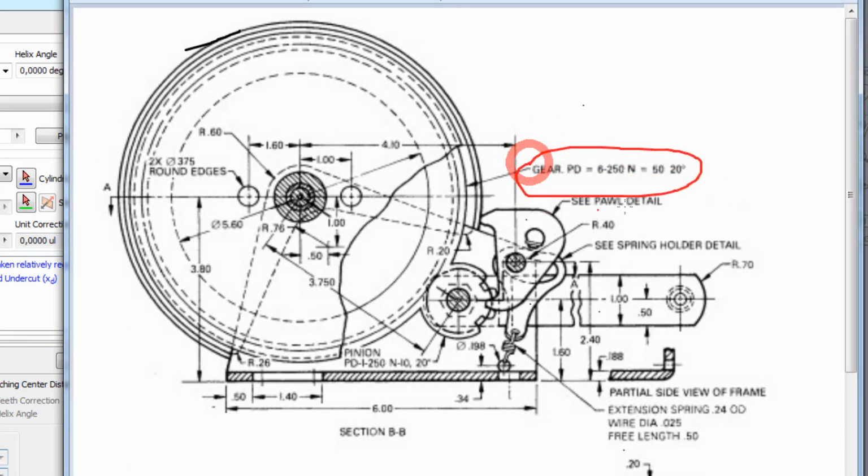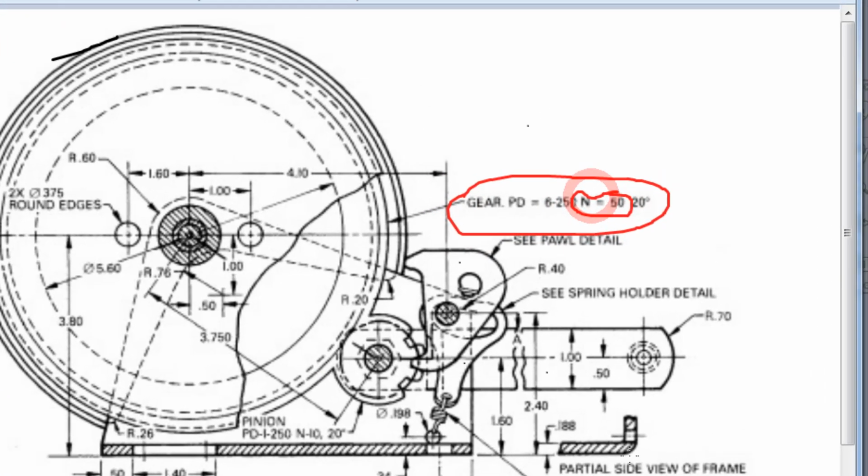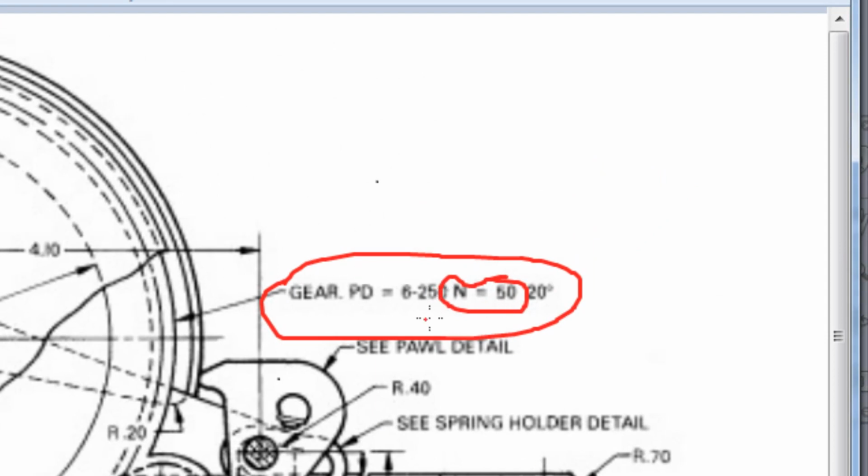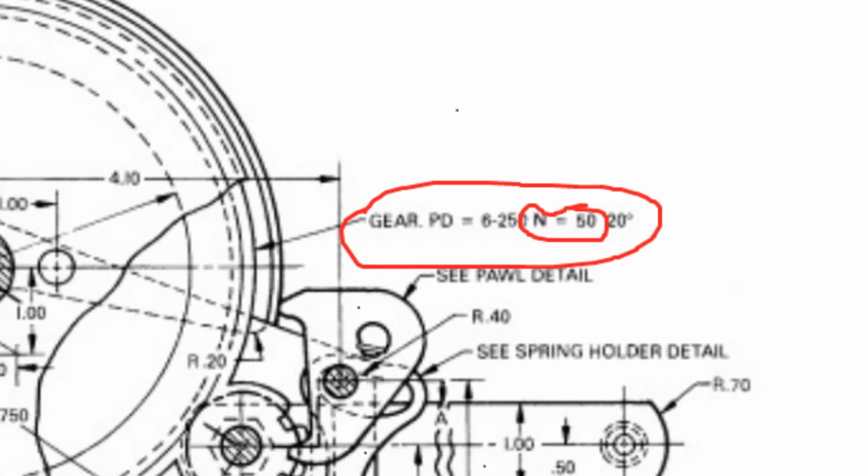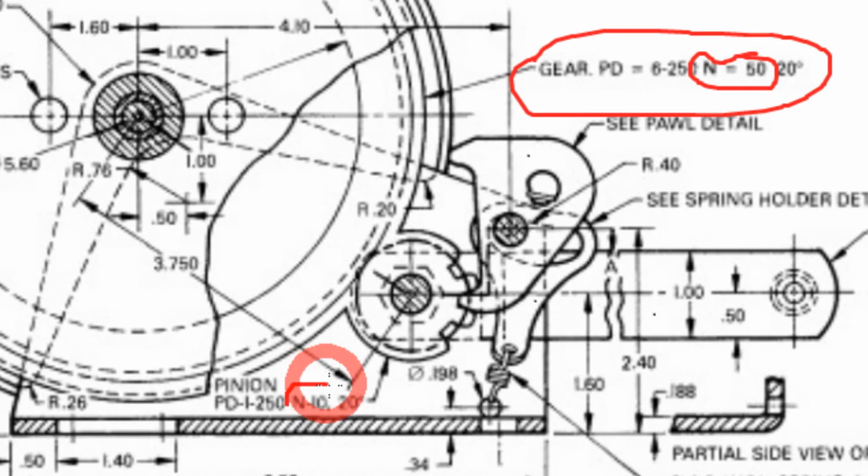If you look at this definition, we have the N number, which represents the teeth number of our gear. Also, again on the pinion side, we have 10N.